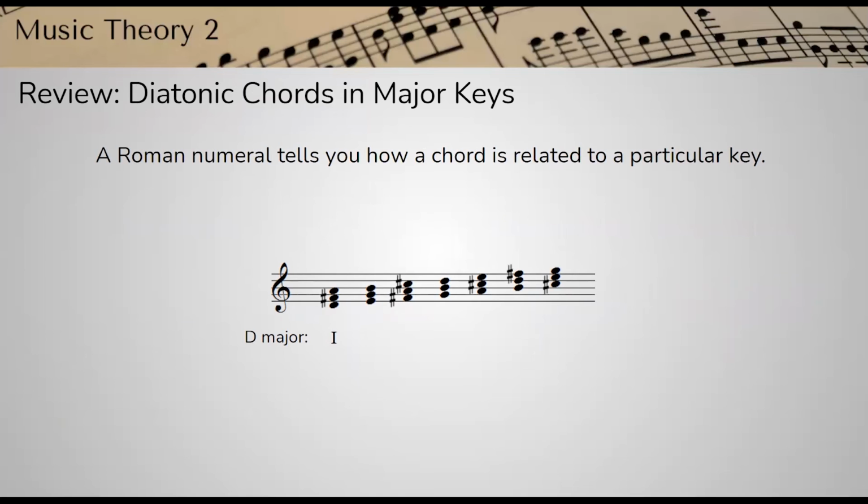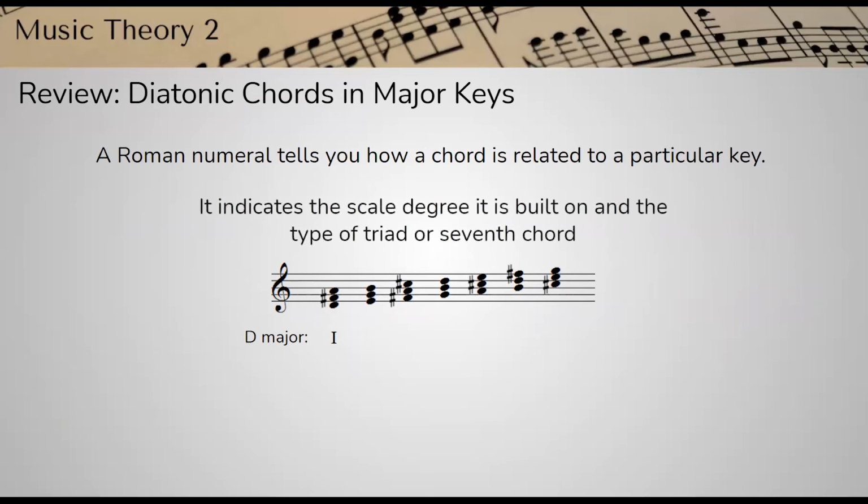Now it's capital because it's major. And if we keep going, this E minor triad is minor and it's built on the second degree of the scale, the note E, so it gets a lowercase ii. If we keep going, we'd have lowercase iii to indicate the third chord of this scale, and it's minor. When we get to that G chord there, that's major, so we give it a capital IV.